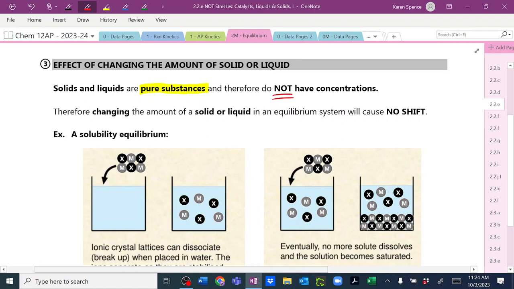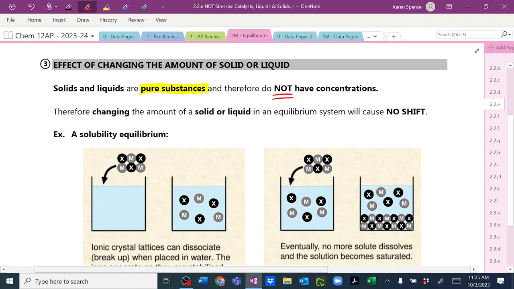Their concentration is just a constant. It's just their density. You cannot change it, so it will have no effect on the position of an equilibrium. So we can change the amount of solid or liquid in an equilibrium system and cause no shift.